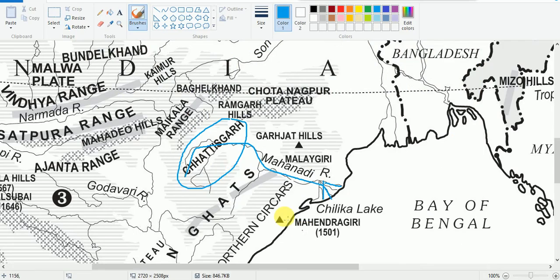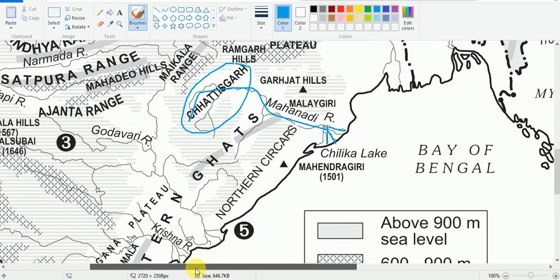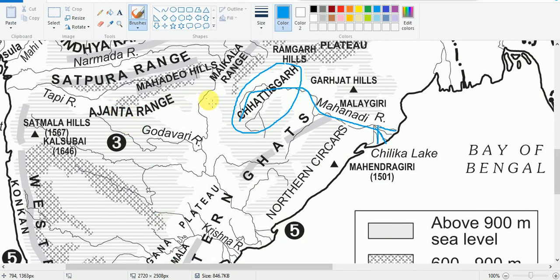As you see here, here is the Godavari River. It rises in Maharashtra state, in Nasik district, and it is flowing into the Bay of Bengal, and these are the tributaries.